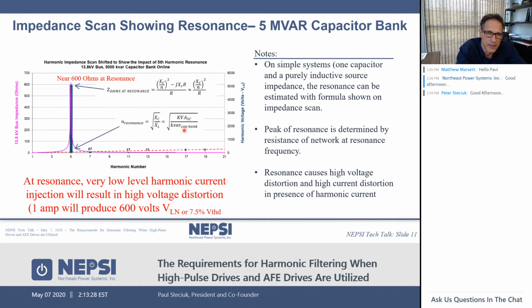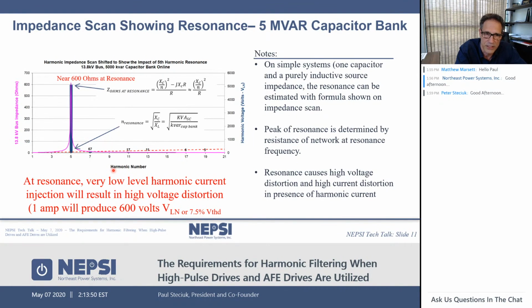Okay, and the resonance created by the capacitor and the inductive reactance creates a high impedance. So again, when we're looking into the system from the secondary, we're seeing the impedance as developed by this magenta curve. So we have the same current injection, right?